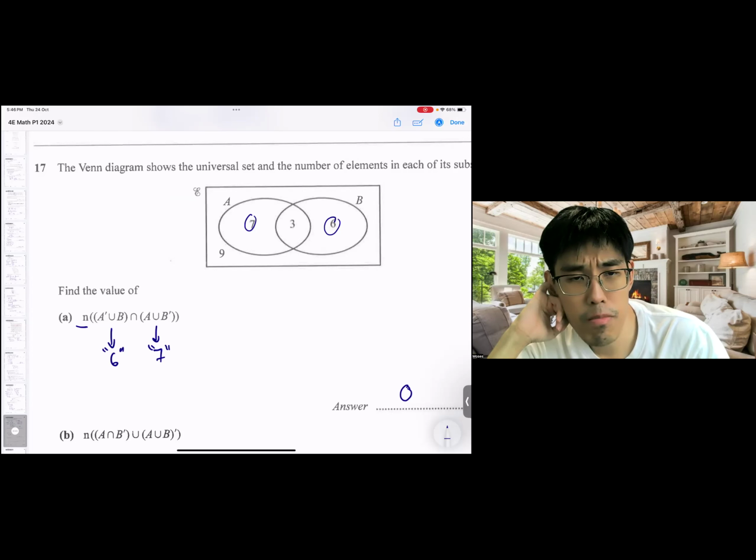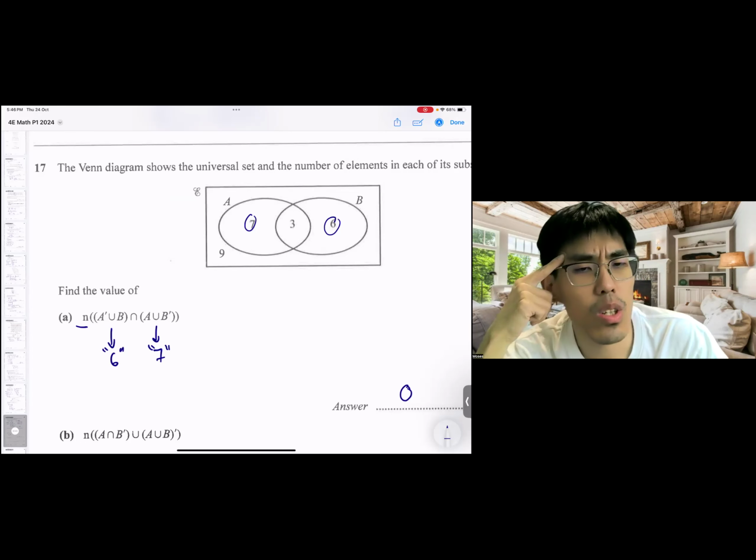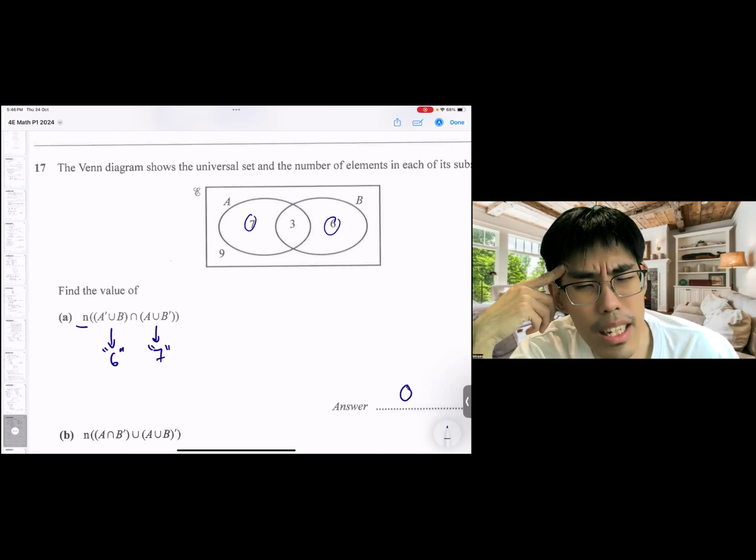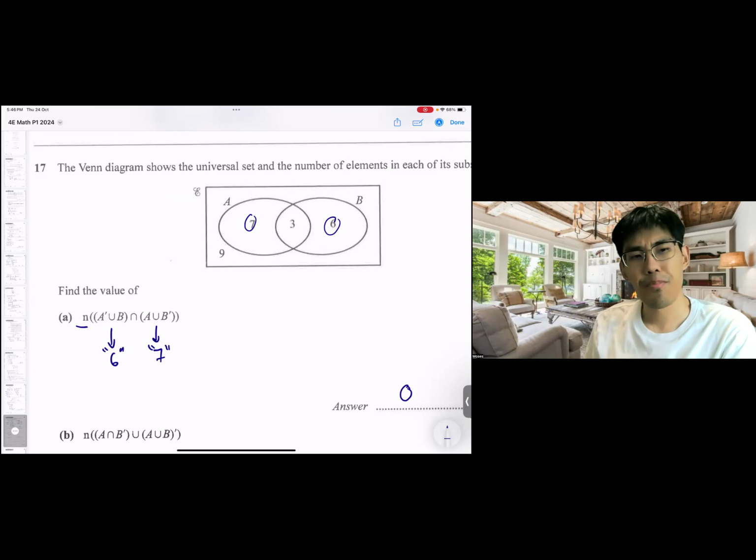So A union B, union B, A intersect A prime union B. Wow, I'm on the fence on this.